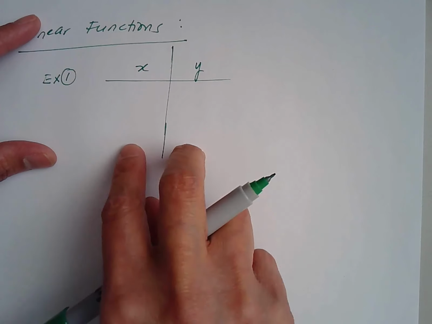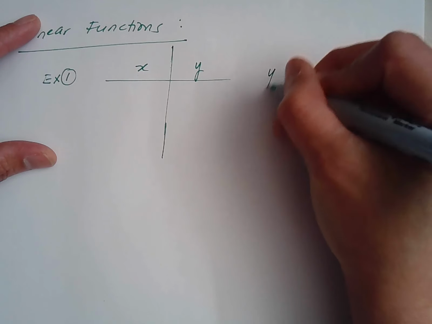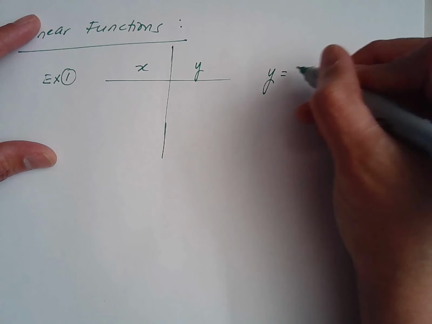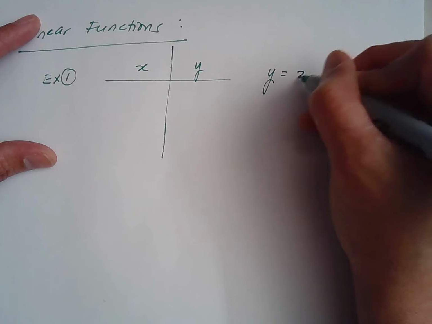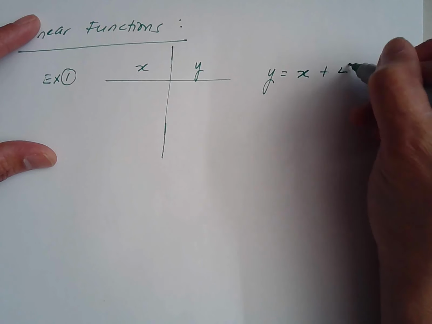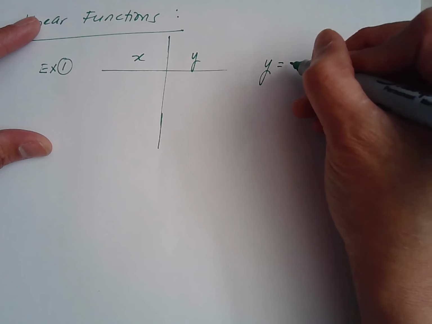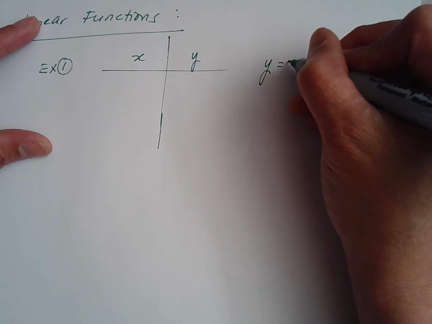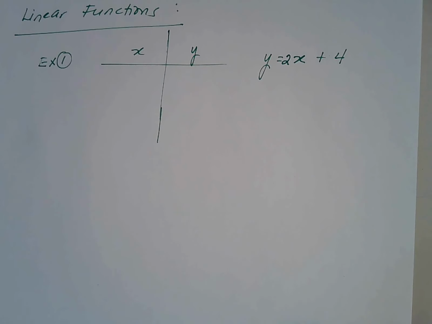We've seen this one before. Okay, this is a table of values. y is equal to 2x plus 4.